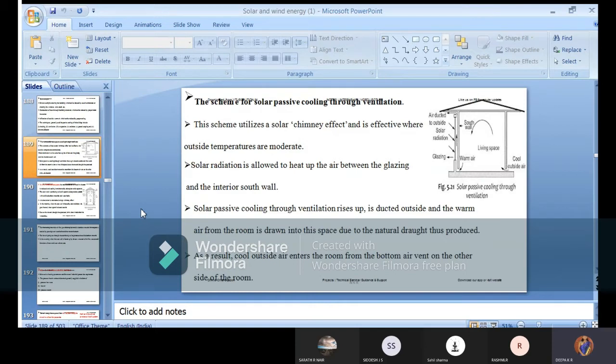The main intention is to take out that hot air. How are we going to give the ventilation? How are you going to create the outlets and inlets for entering the cold air and removing the hot air? Based on that, we discussed the chimney effect, which is effective where outside temperatures are moderate. So the scheme for solar passive cooling through ventilation has been explained.